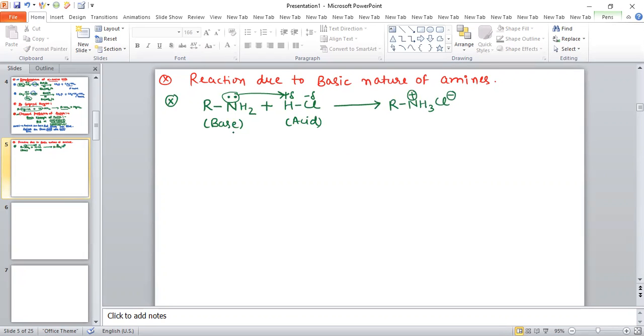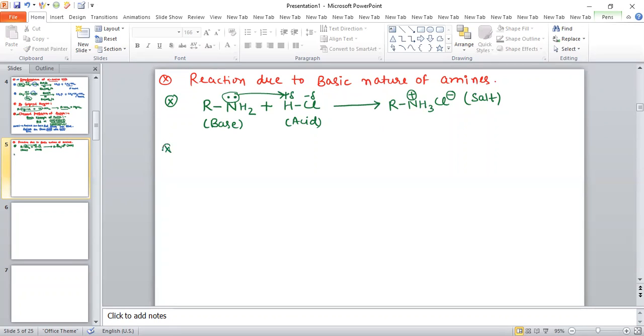So when an acid and a base react, a salt is formed. This is basically a type of neutralization reaction, and salt is obtained as a product.